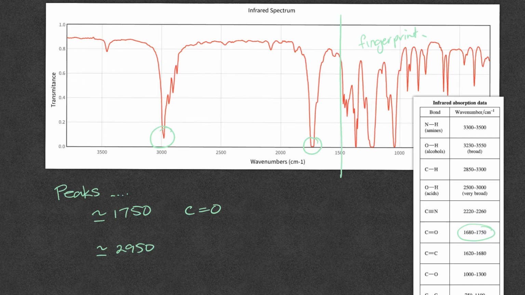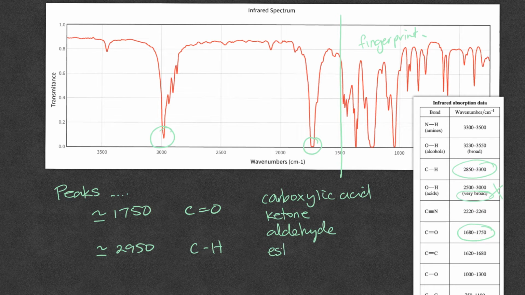At 2950, we have got two possibilities. It could be an OH in an acid, but it's not very broad, it's quite peaked. So it's really going to indicate that it's a CH bond, and that's pretty useless, isn't it? So we're not getting much out of that. But the C double bond O occurs in carboxylic acids, ketones, aldehydes, and esters.